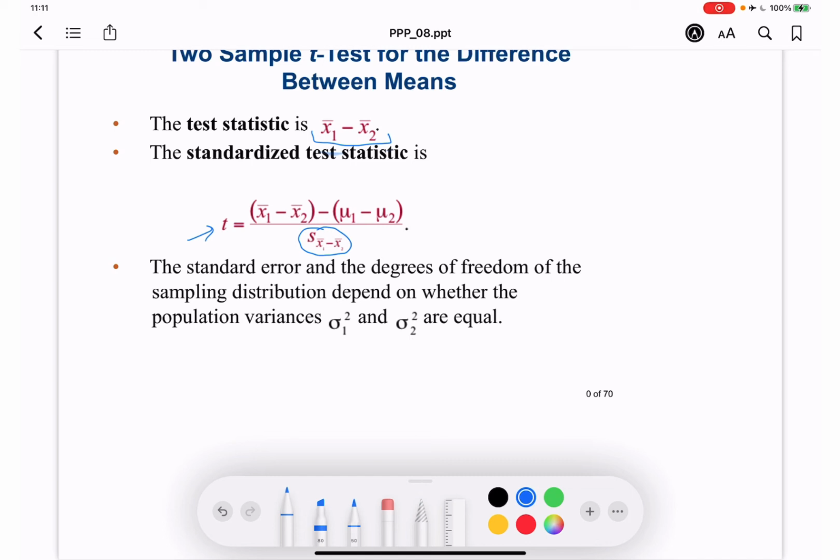The standard error and the degrees of freedom of the sampling distribution depend on whether the population variances sigma 1 squared and sigma 2 squared are equal.